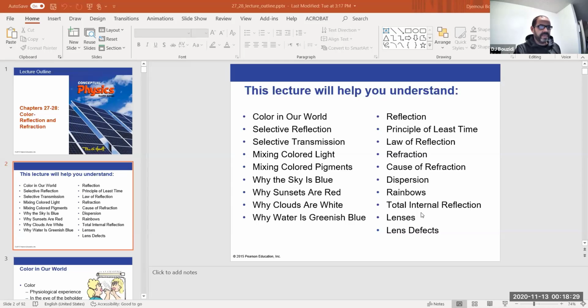We're going to talk about lenses, and there is a problem with lenses because of the dispersion. When you use lenses, for example, in telescopes or even in cameras, you have a problem. Light is coming to you, a mixture of frequencies, of course. Once it hits the lens and comes out, you want it all focused in a single point, especially when you're dealing with a telescope, so that you collect all the light there and analyze it.